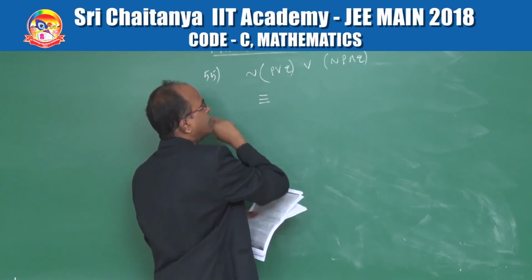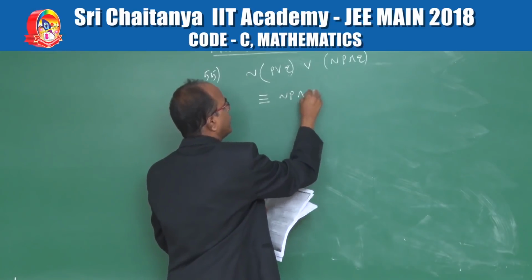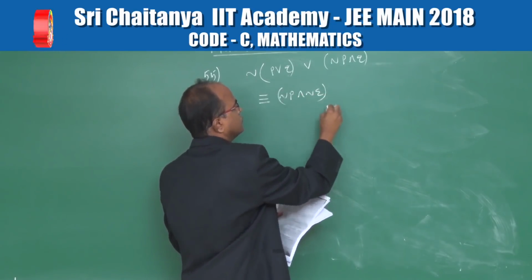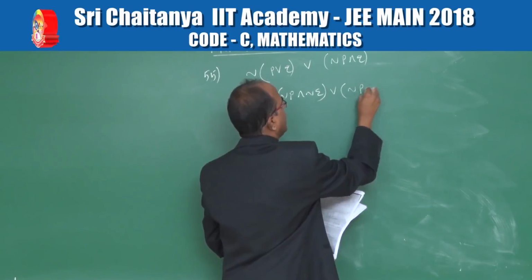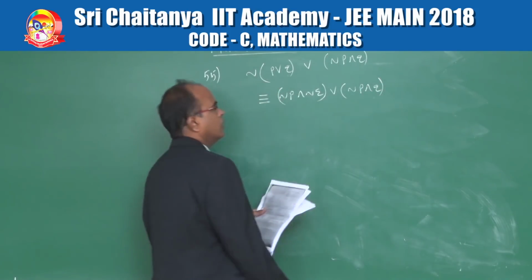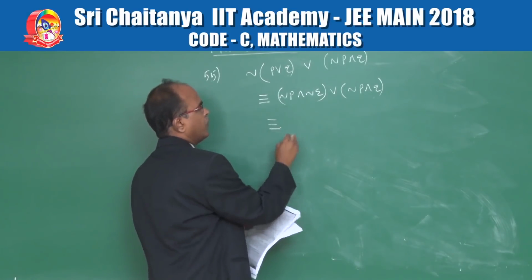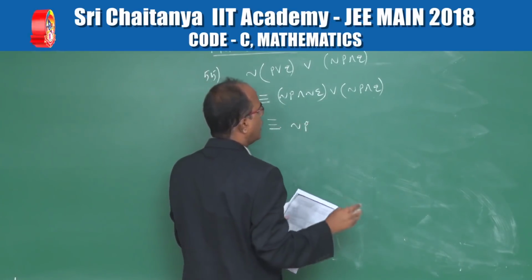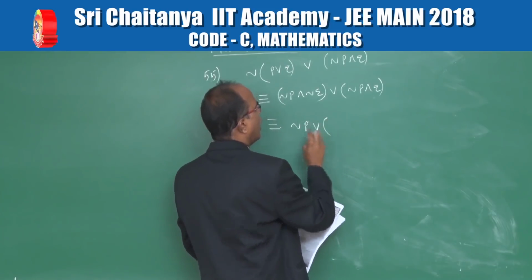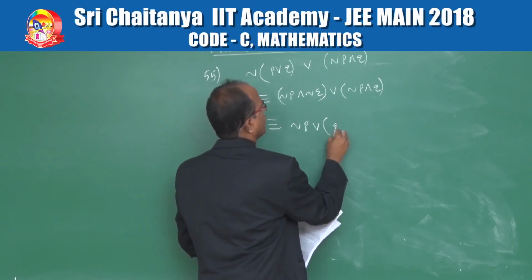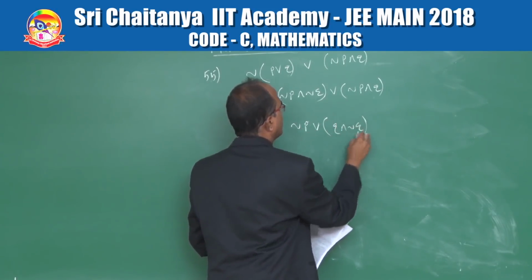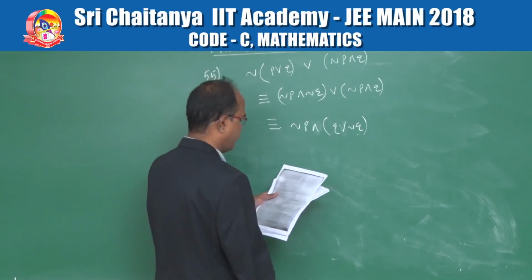This is identically the same as not P and not Q, or not P and Q, and we can now use distributive laws again. So this will be equivalent to not P and, Q or not Q.